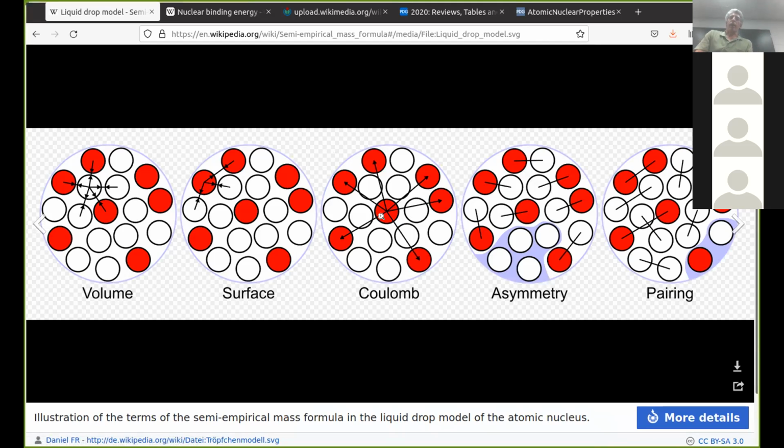It turns out there are 2 other terms. One is an asymmetry term. Usually we have a neutron excess because the protons repel, and so yes, they contribute to this helpful volume term, but they also contribute to this bad Coulomb term, right?